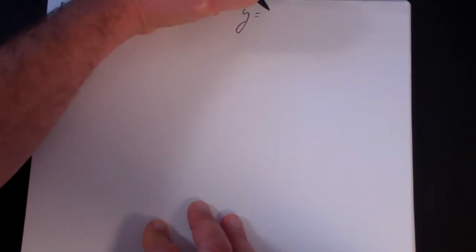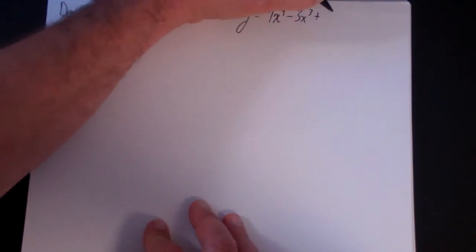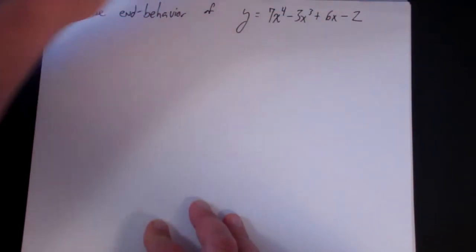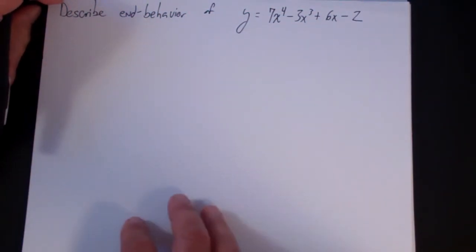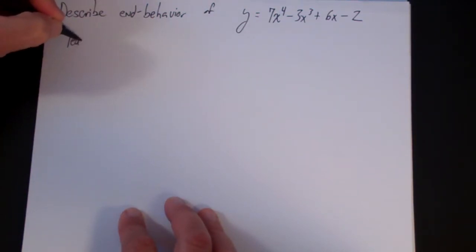So an example, let's describe the end behavior of y is equal to 7x to the fourth minus 3x cubed plus 6x minus 2. And if you notice, the way that you determine end behavior is first you define the leading term.